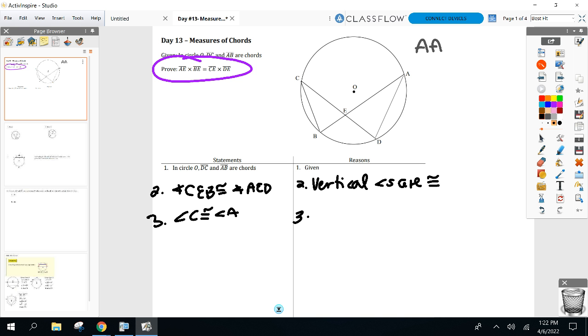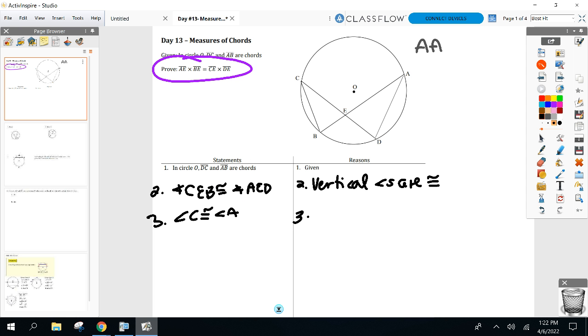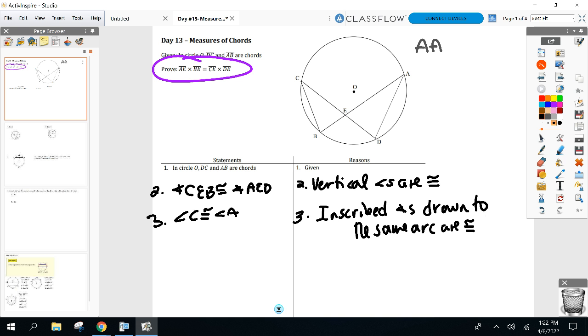Why are C and A congruent to each other? Let's go 5. Describe angles drawn to the same arc in a circle. There you go. Good, Greg. Inscribed angles, which they are, drawn to the same arc, which they are, are congruent.